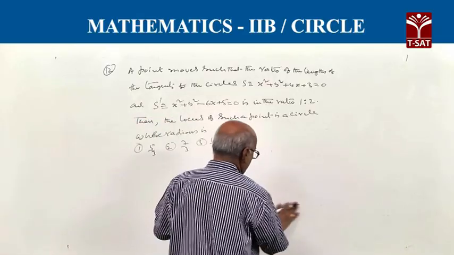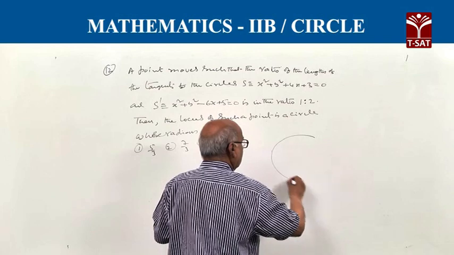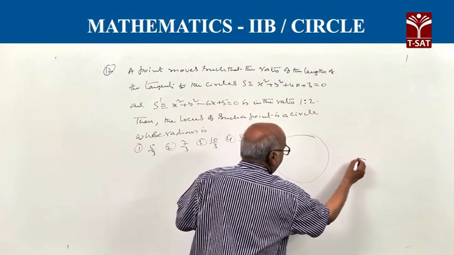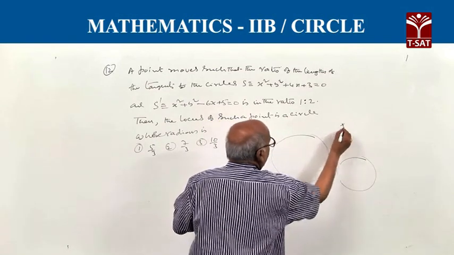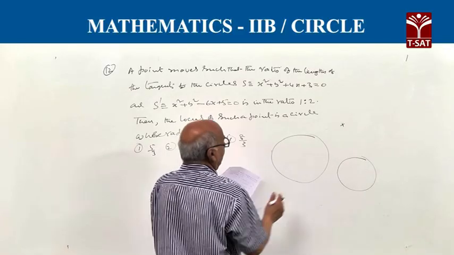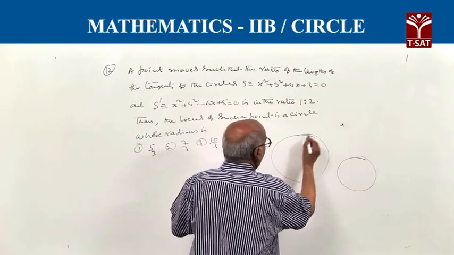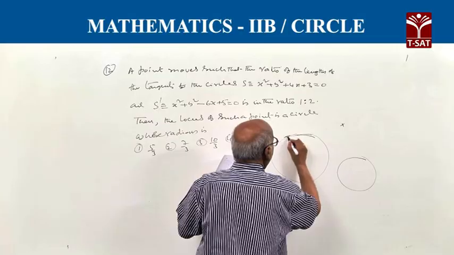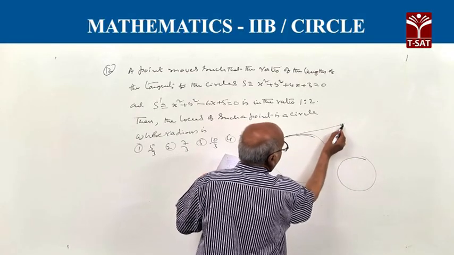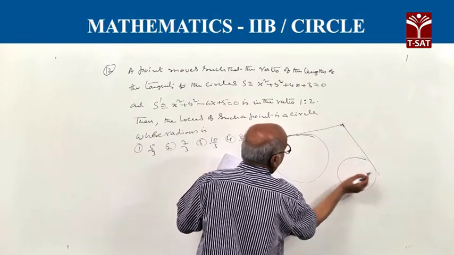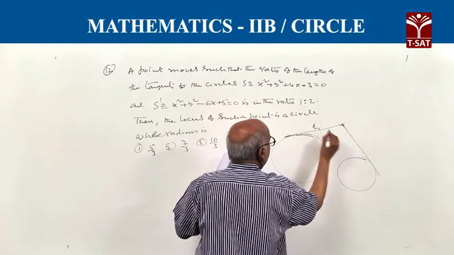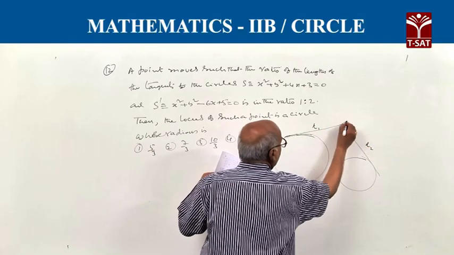So again here you are given the two circles. A variable point P(x1, y1) such that the tangents are T1, T2.